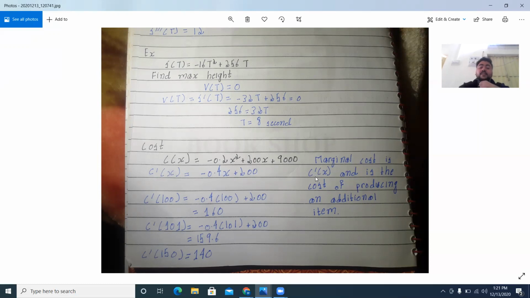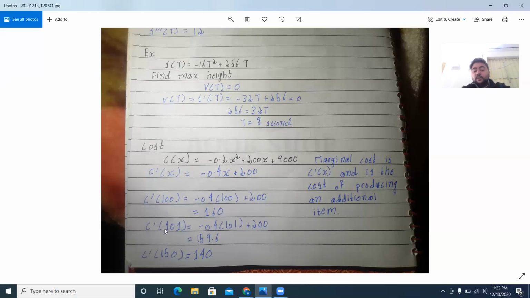Isn't it interesting? As we can see, when we take the derivative, we get the cost of producing any item, like the 10th, 20th, any item. If I want to see the cost of producing an additional item after 100 items, the cost is 160.